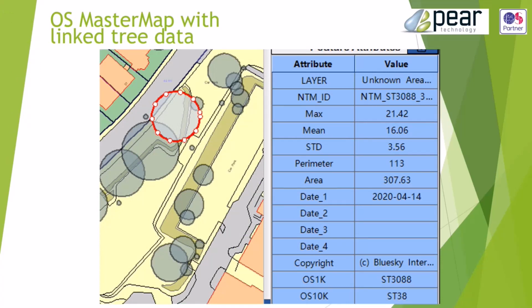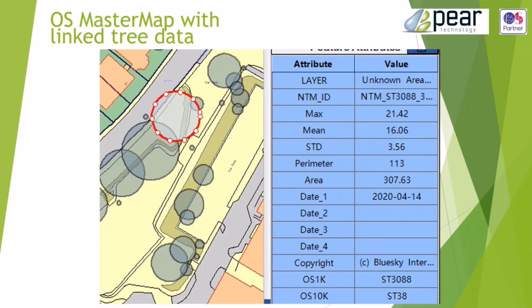So I mentioned the National Tree Map data from Blue Sky. They interpret the data that they've collected by flying over the country at low level. And because it's two cameras giving them a stereoscopic view, they can capture for each tree that's over 3 meters high, the position, the height and the crown spread of each tree. So what that gives you is a number of circles shown on the map, and the circle is in proportion to the size of the crown of the tree.